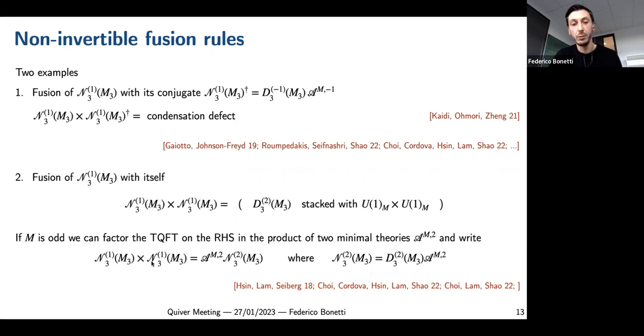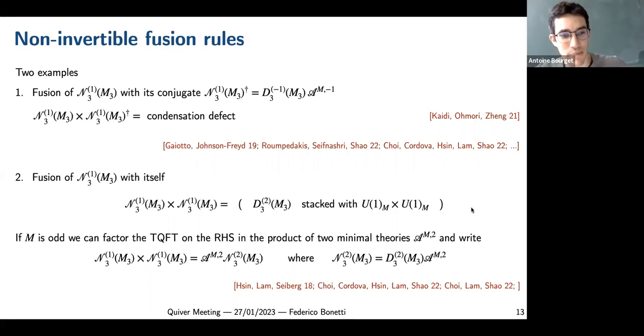In this language I'm using, sometimes the coefficient is not just a number, but it is instead a TFT. So these are two examples of the sort of fusion, and we will see that we can reproduce the second fusion in string theory, and we also have some ideas on how the first fusion might be realized. Okay. Can I ask what's happening if M is even?